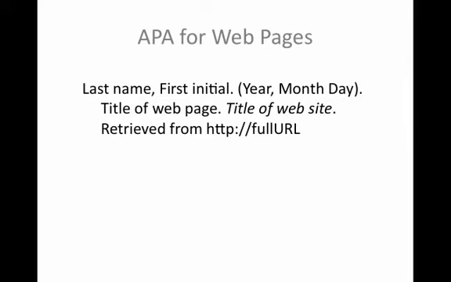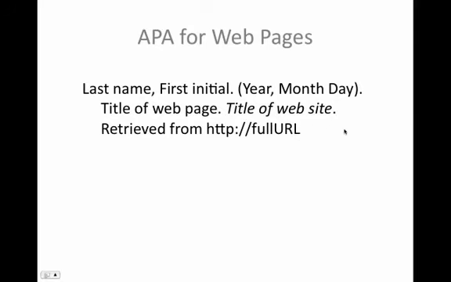I know a lot of newspaper articles include 3:21 p.m. You don't have to. You put the title of your web page, not in quotation marks. Your title of the website gets italics, and then you put retrieved from the full HTTP address, your complete URL. And notice there's no period at the end here.